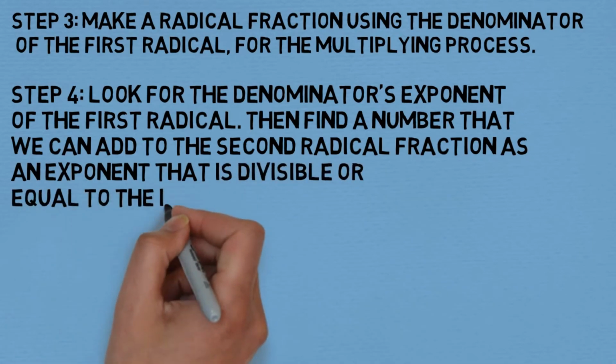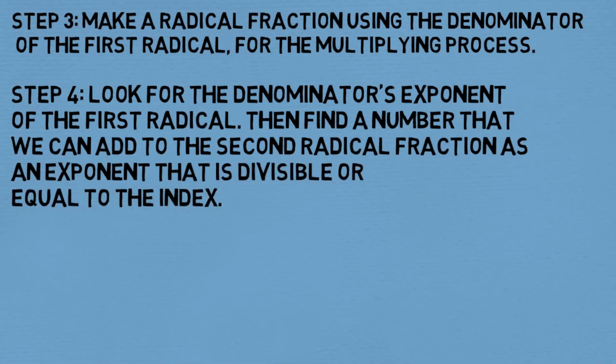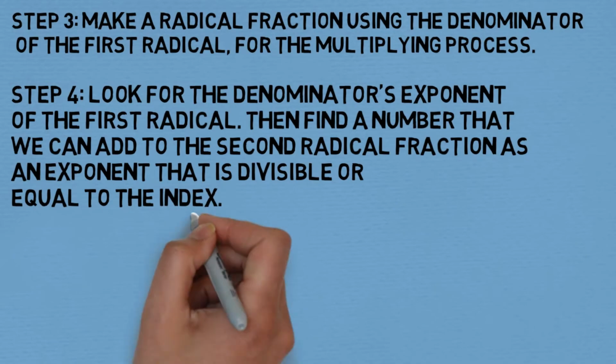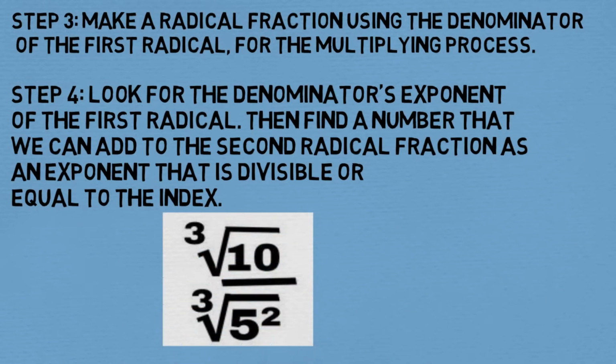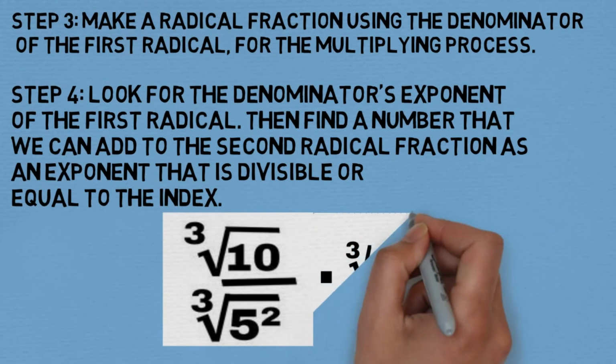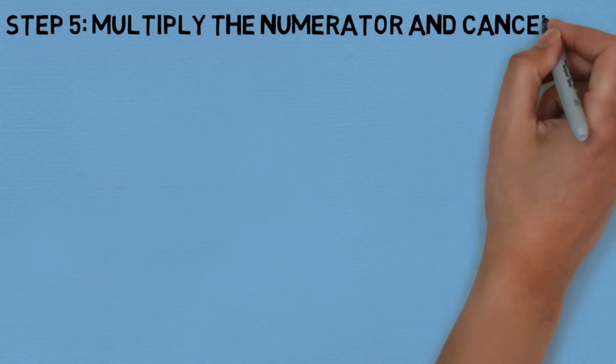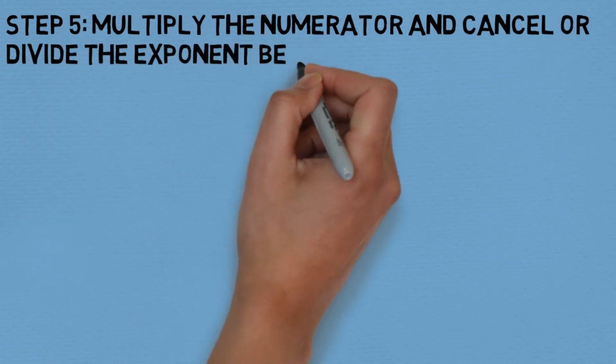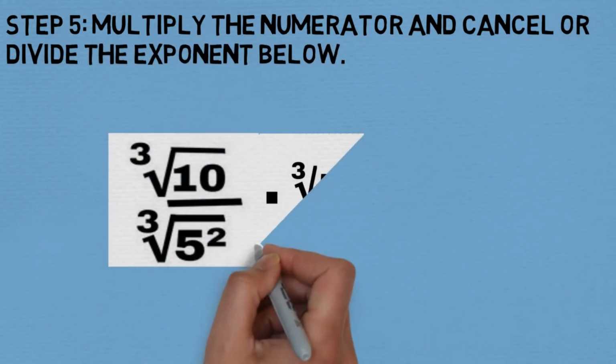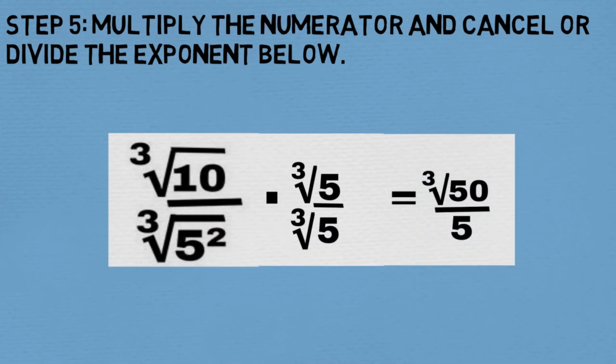Then, find the number that we can add to the second radical fraction as an exponent that is divisible or equal to the index. Since the first denominator's exponent is 2, add the first power of exponents to the numerator and the denominator. Step 5. Multiply the numerator and cancel or divide the exponent below. Multiply the cube root of 10 to cube root of 5 and multiply the cube root of 5 squared to cube root of 5. And the answer is cube root of 50 over 5.